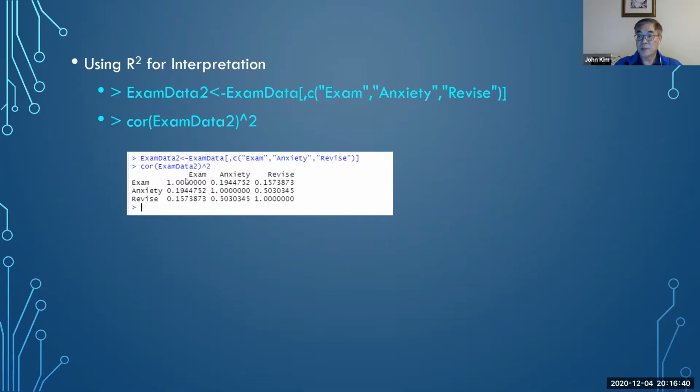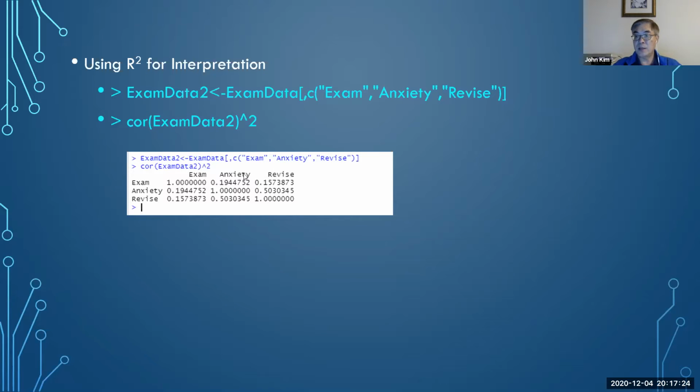This means exam and anxiety. So earlier we saw that as the anxiety level increases, the exam score decreases. So how much? Anxiety level explains exam score at 19.44%. Not much. How about here?